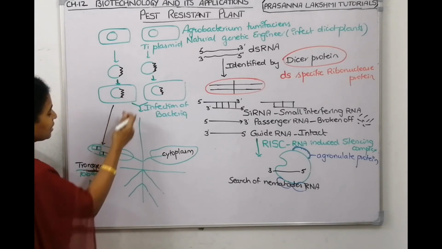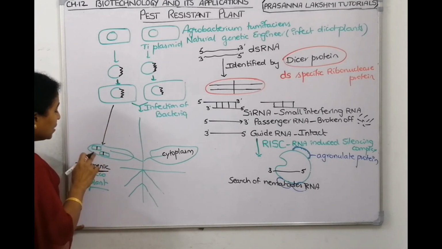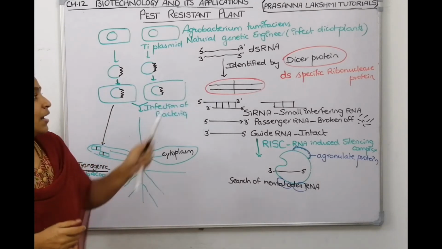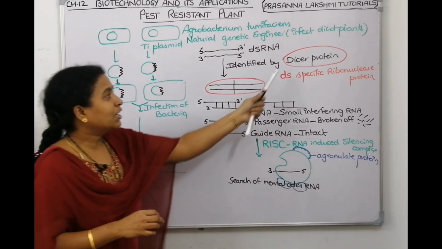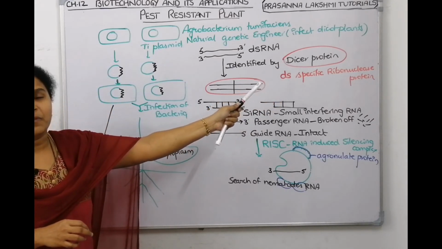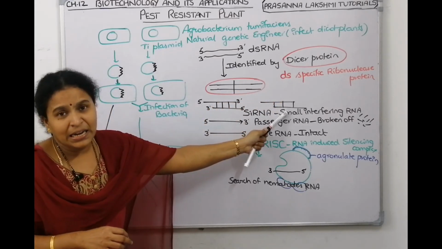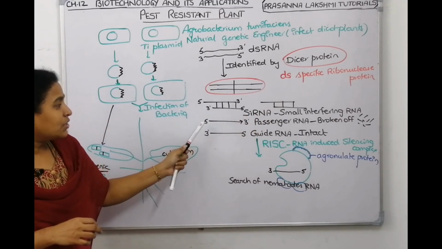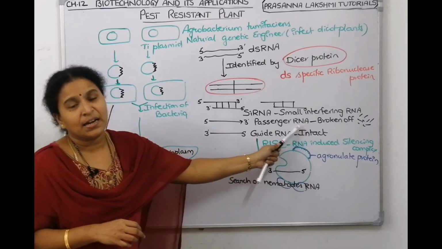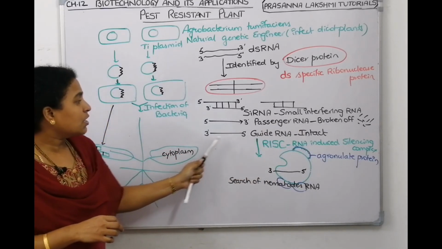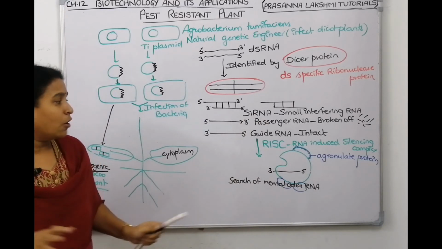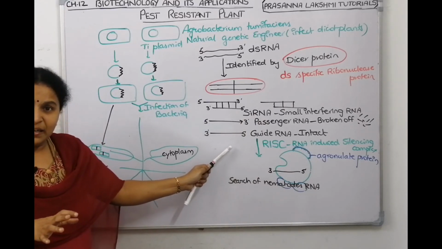These genes made the double-stranded RNA, which is identified by the dicer protein. Dicer diced it into siRNAs. In siRNA, one strand, 5 to 3, is called passenger RNA, and the other strand, 3 to 5, is called guide RNA. Passenger RNA is broken off. Guide RNA will be intact.